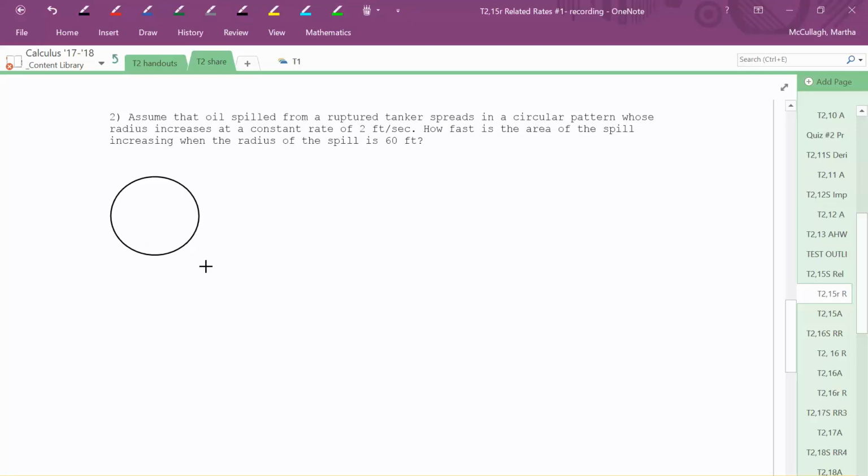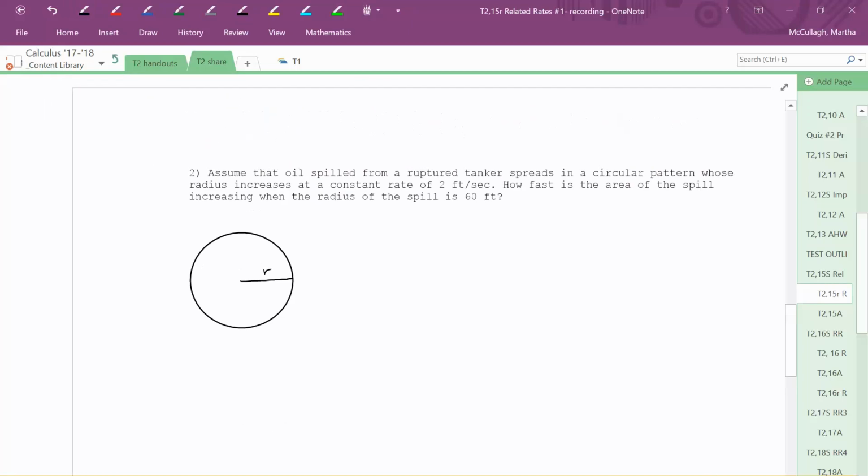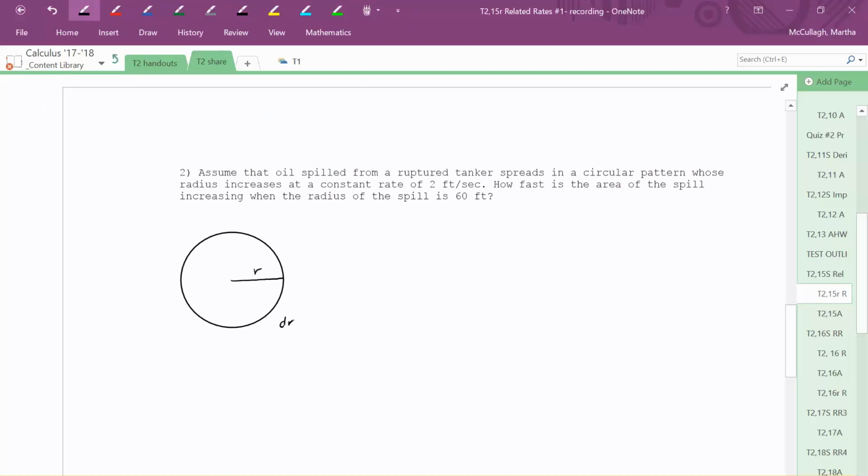So here's my oil spill, and it has a radius R, and whose radius increases at a rate of 2 feet per second. So the radius being a constant rate of increase, the dr dt is in my always diagram.